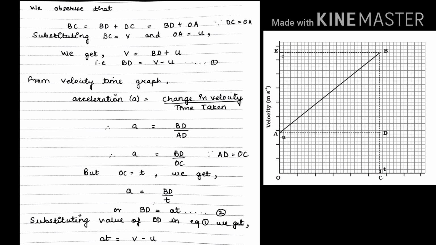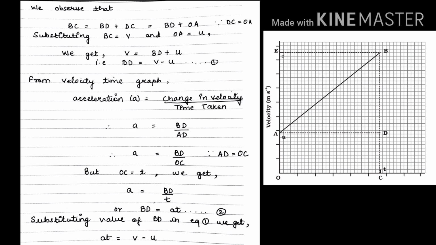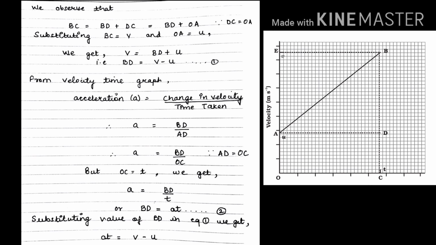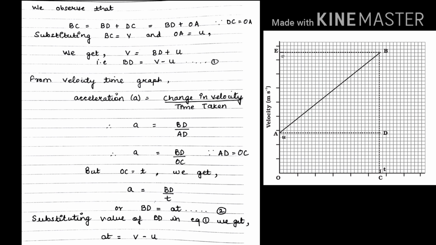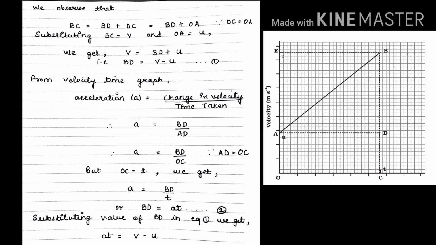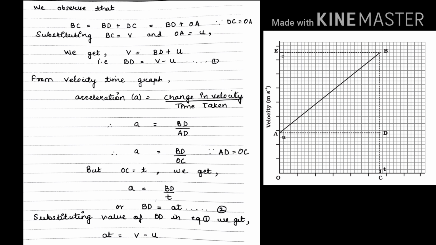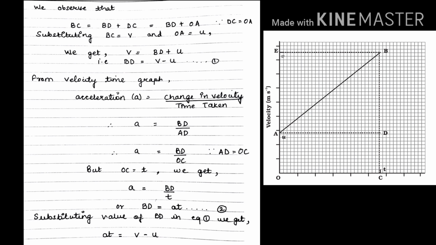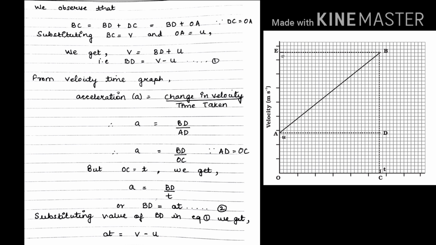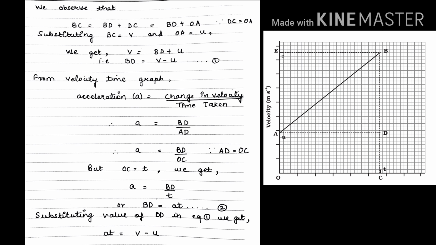So what we get is acceleration a equals change in velocity upon time taken. Here BD is representing change in velocity, so substituting that value, and AD is representing time taken, so substituting AD, we get acceleration a equals BD upon AD.